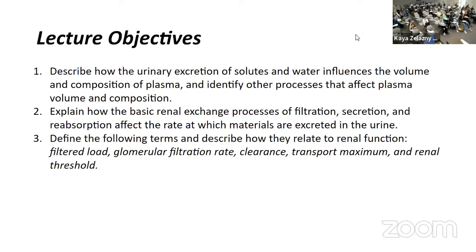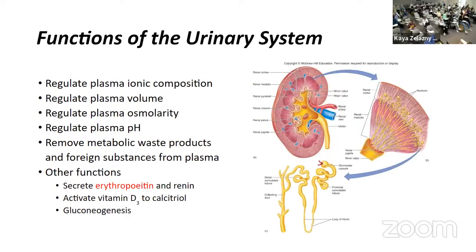Okay. So we're talking about how we end up with urine, why we end up with urine, why we're filtering stuff at all, right? So fundamentally, that's what our kidneys are for. Our kidneys are for filtering your blood largely. So we're going to be regulating the ionic concentrations of your blood plasma by regulating what we take out of that plasma as it goes through the kidneys.